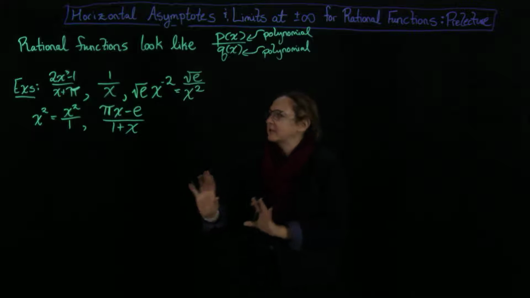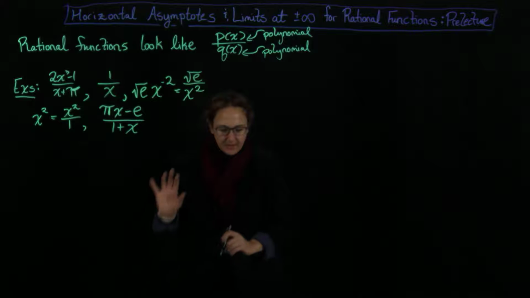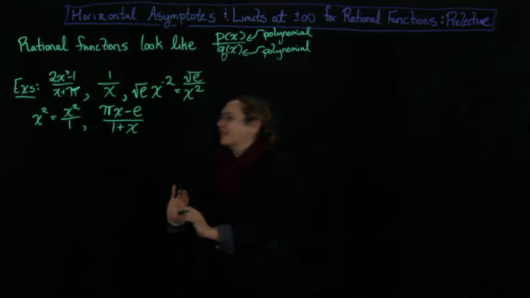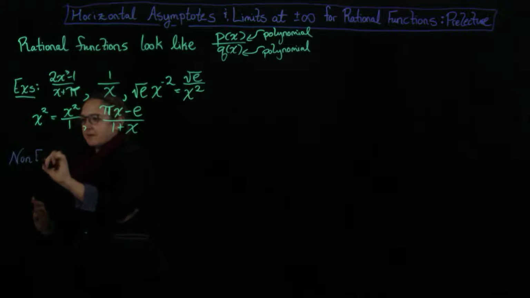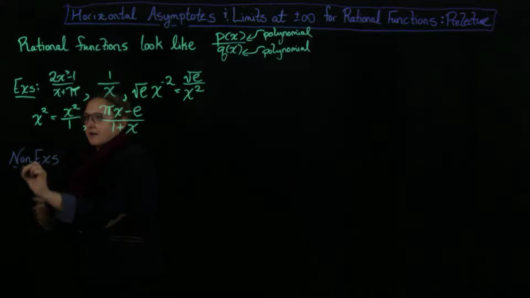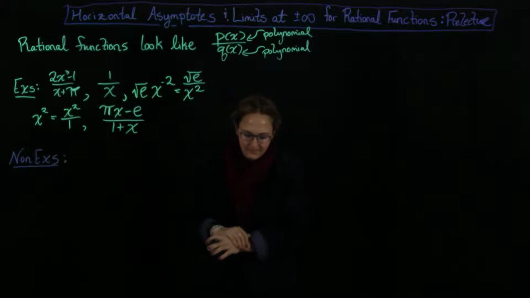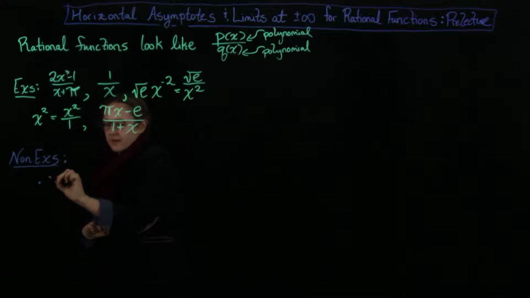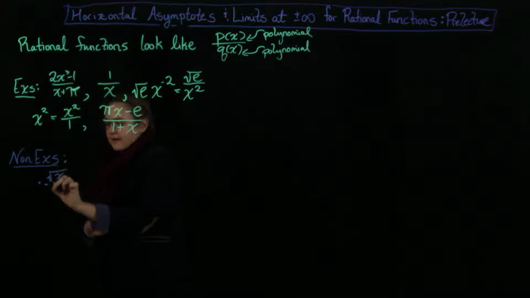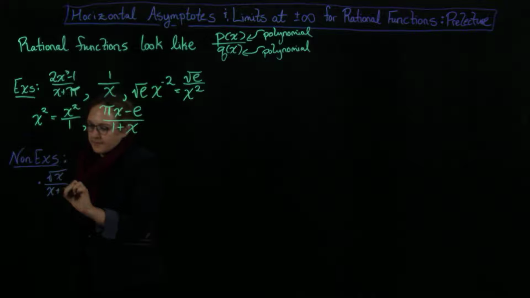So what can we not do? I'll do these in another color so that it's clear. These are non-examples, not rational functions. One example would be the square root of x divided by x plus 1.